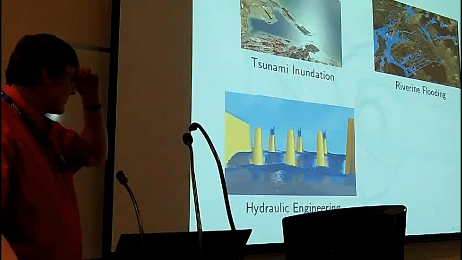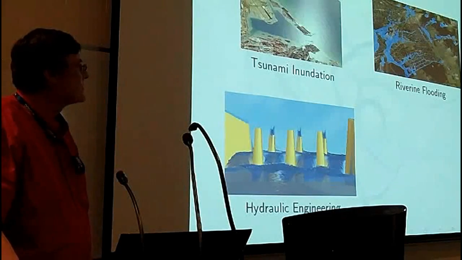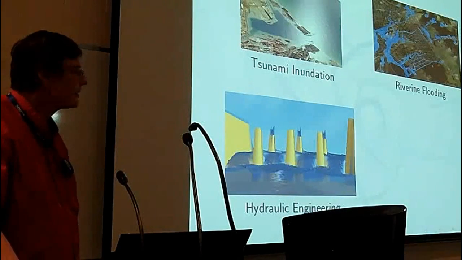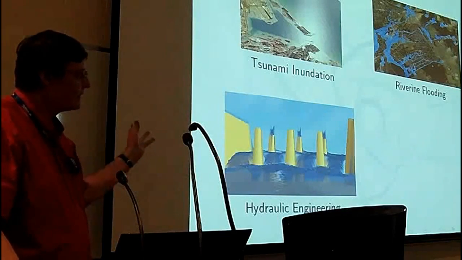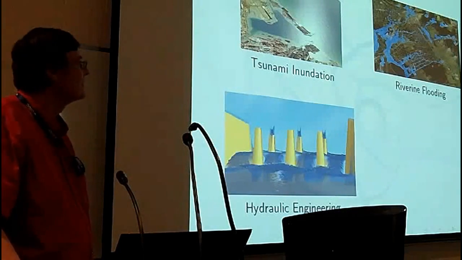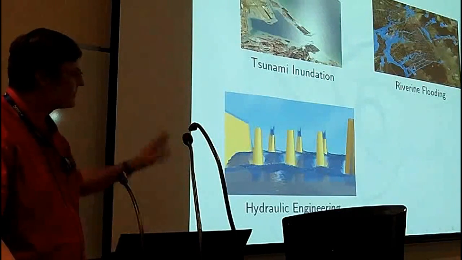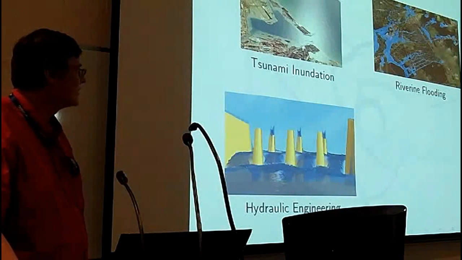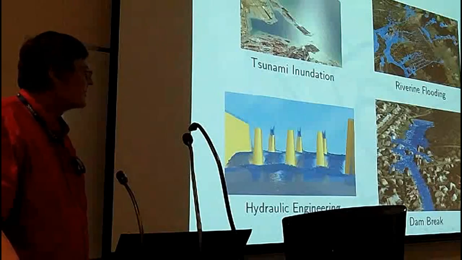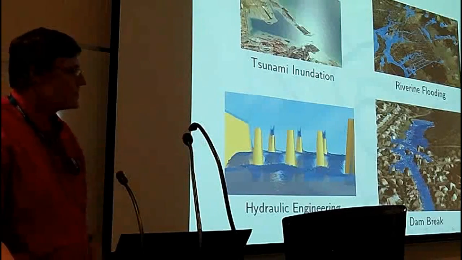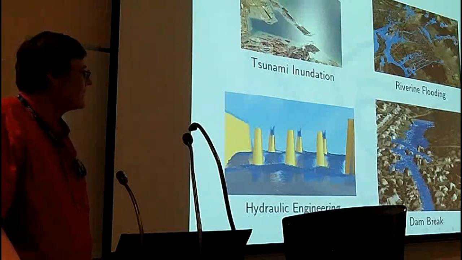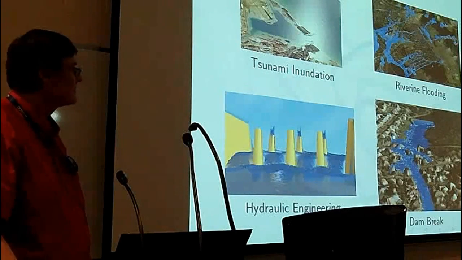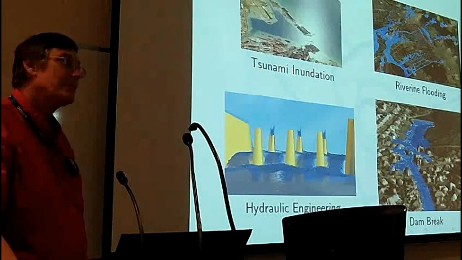Also, when you're doing developments, you have to put up bridges and embankments and what have you, and that changes the flow markedly and may flood areas that weren't being flooded before. So they want to be able to do simulations like that. So that once again is related to our interaction with the local councils. And the classic dam break, which actually was in a sense the first application that we had for this software way back in the late 1990s, actually, now. And that was written in MATLAB at the time.